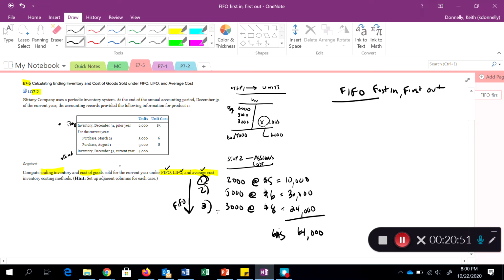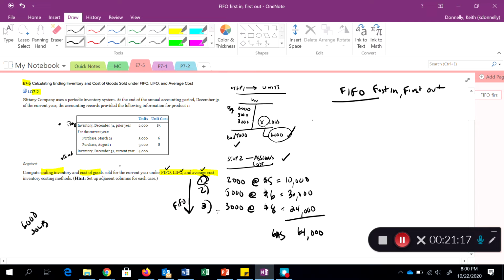That's FIFO. And what are we doing here? We said we sold 6,000 units. We have to now assign a cost to these 6,000 we sold, and then assign a cost to the remaining 4,000 that were in ending inventory.